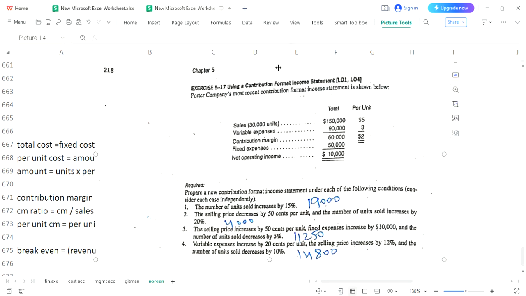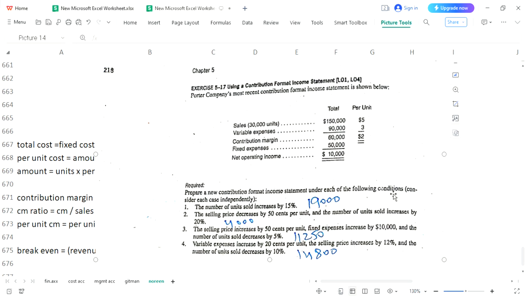This is our question, company name this and that, and this is the old income statement. This is given like that. So this is important, you will have to write it again. Prepare a new contribution margin income statement. If it is old, he wants us to create a new one. And how?